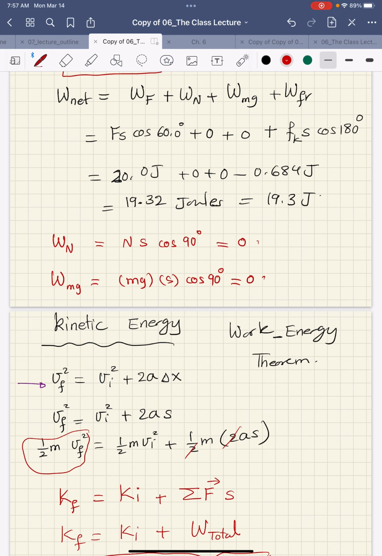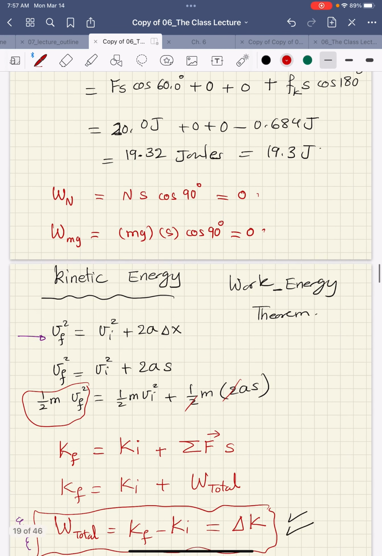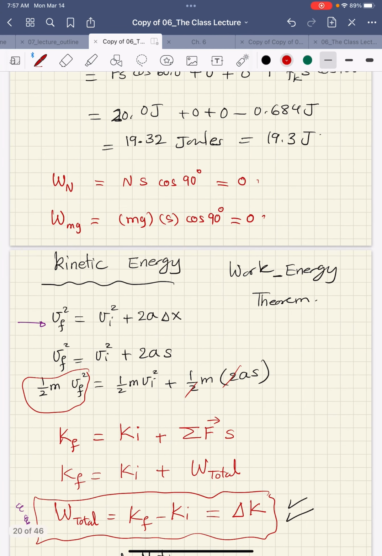This theorem is very important in determining the initial velocity of cars when we have a car accident. Now, you know this equation from before, V final squared equals V initial squared plus 2A delta X, and then V final squared equals Vi squared plus 2AS.